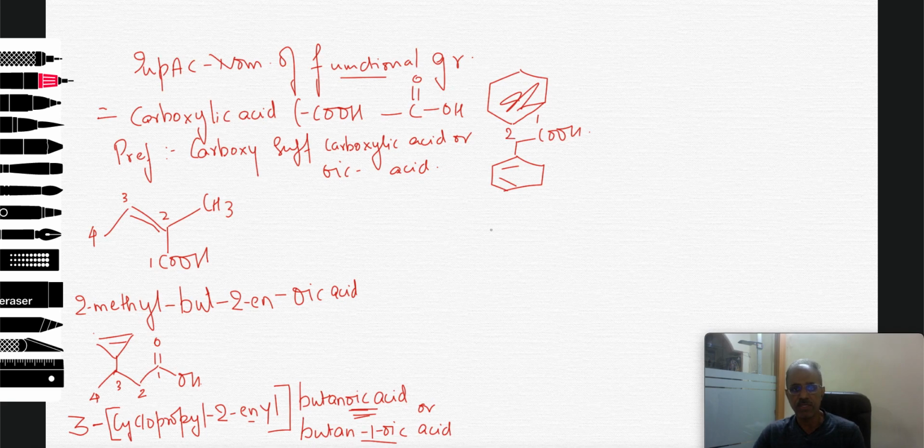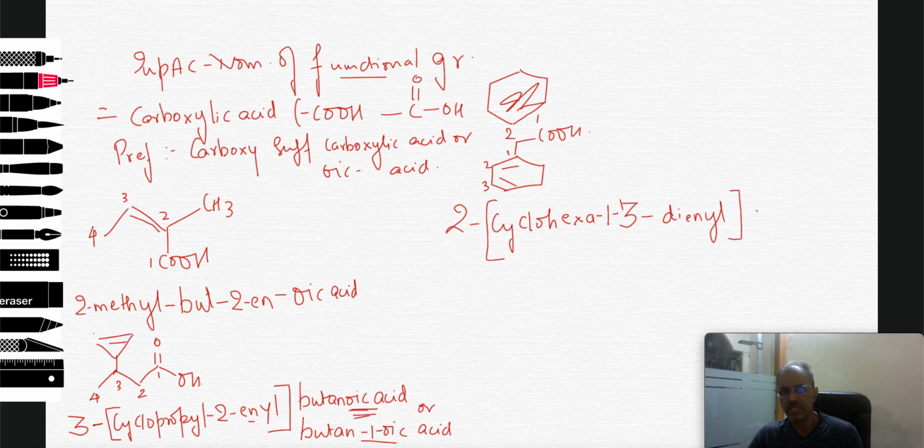Now this will be 2 because this happens to be the parent main chain, and this happens to be the substituent. Cyclohexa-1,3-dienyl, because it is 1, 2, 3. 1,3-dienyl, then ethanoic acid.